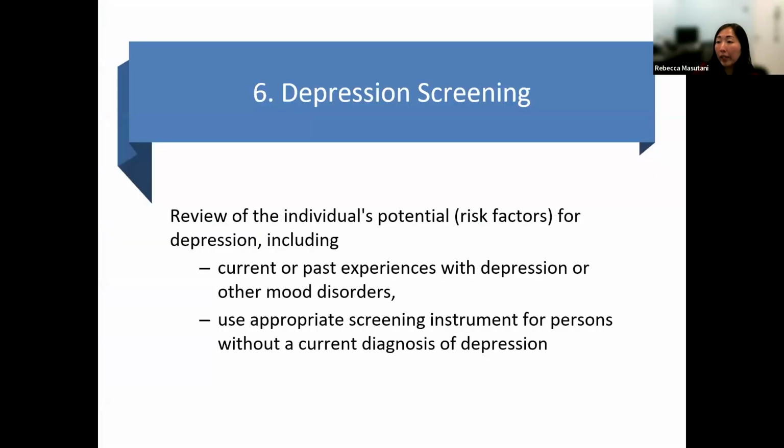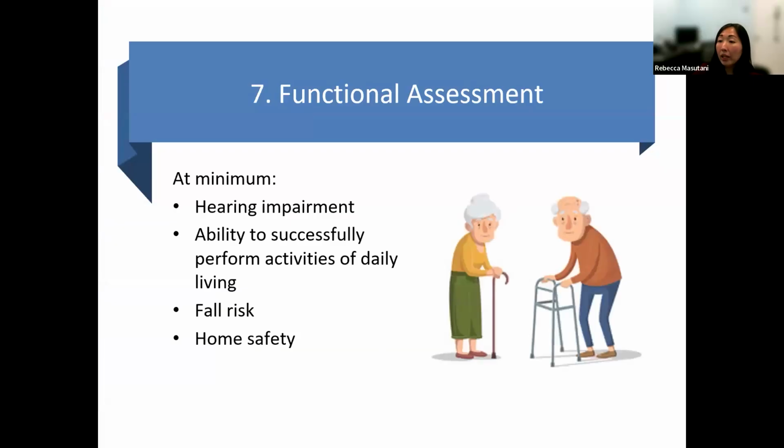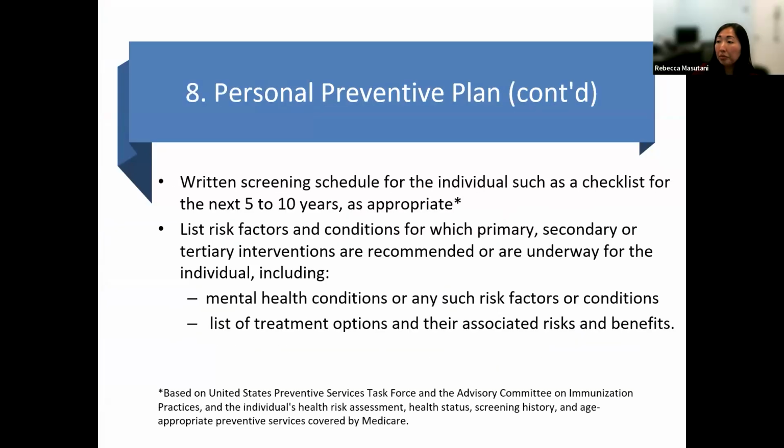The IPPE or annual wellness visit should also include depression screening as well as reviewing risk factors for depression in patients. It should also include a functional assessment, so at minimum, reviewing a patient's hearing impairments or risk of hearing impairments, their fall risk, home safety, and ability to perform ADLs and IADLs, which I think I mentioned on a previous slide.